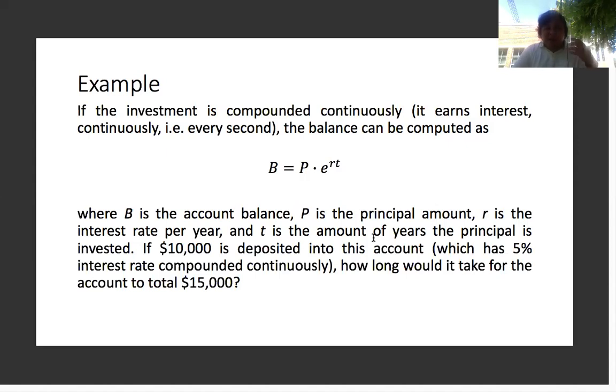But the short story is, given a particular interest rate, if you compound it more times in a given year, you earn a smaller interest, but you earn interest more often. Let's say you have an interest rate of 12% but you will compound it monthly.